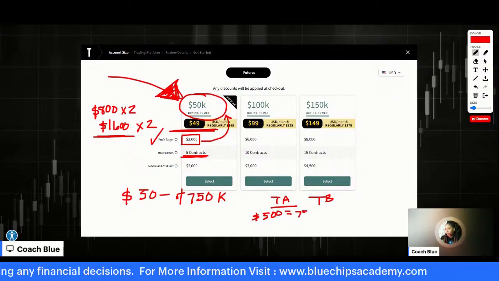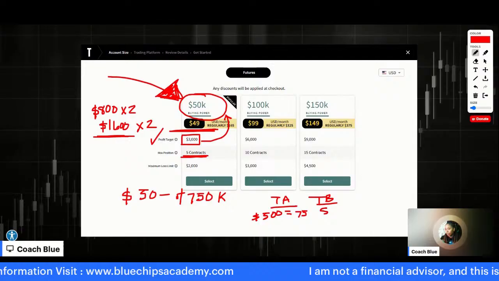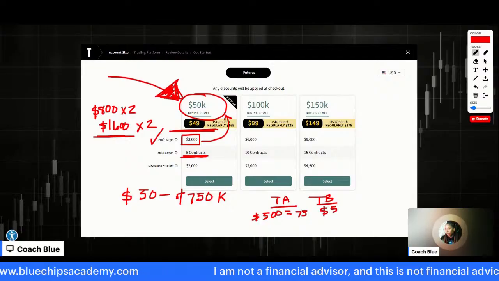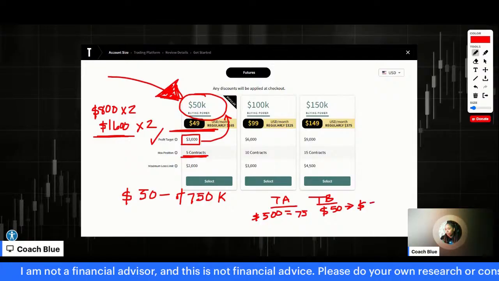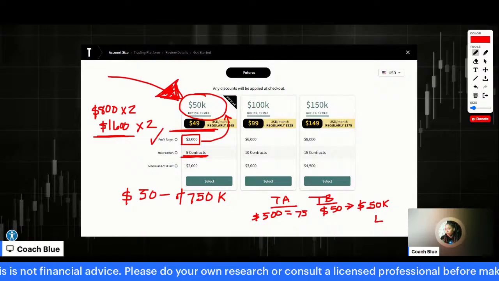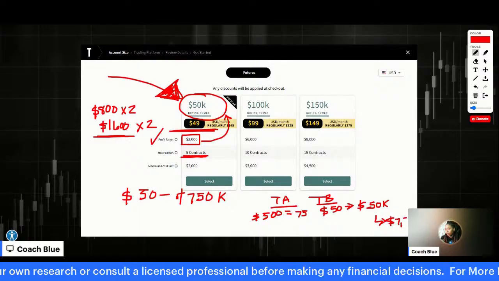They made $75 in profit. Trader B put up $50 for the combine, gets access to 50,000 because they're a good trader. They pass the combine, make that same 15%, and they made $7,500 for the month.